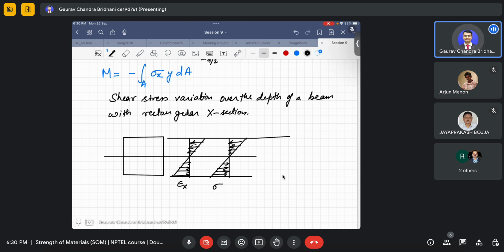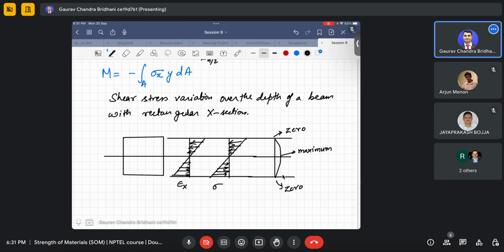So now comes the variation of the shear over the depth. So we have seen that shear varies something like this, and it becomes maximum at the center or at the neutral surface, and 0 or minimum you can say, or 0 at the top and bottom surface.